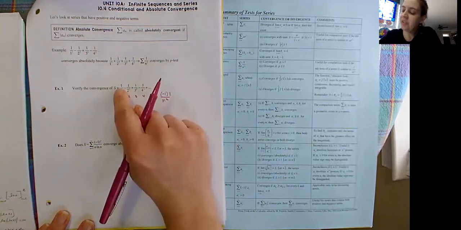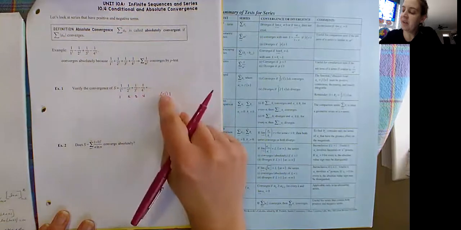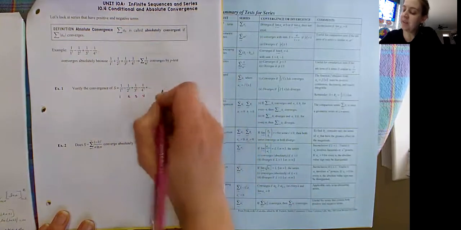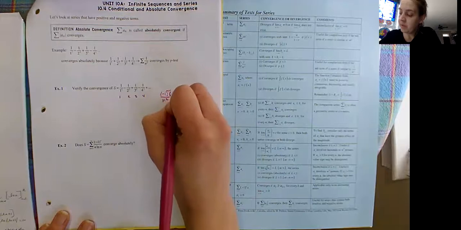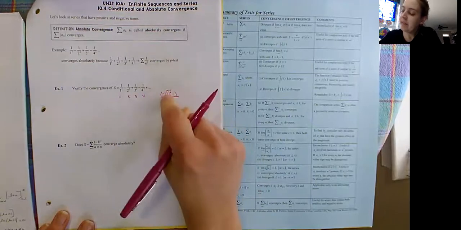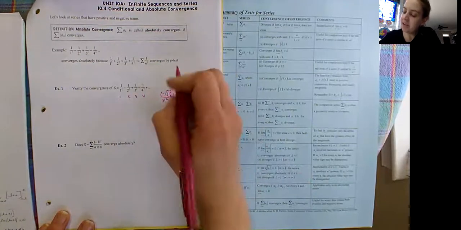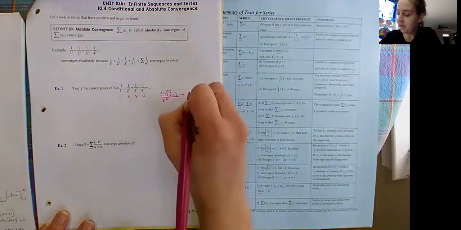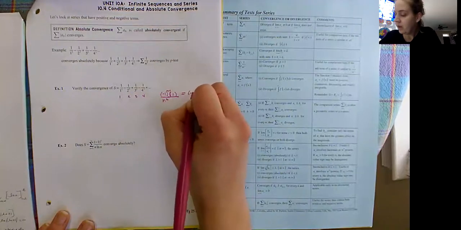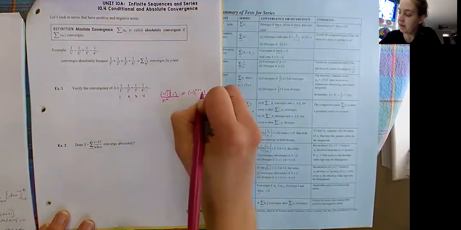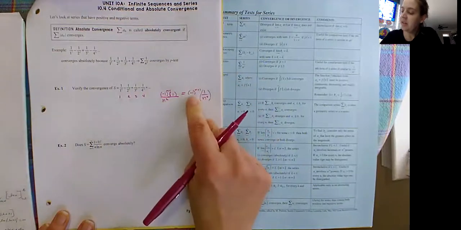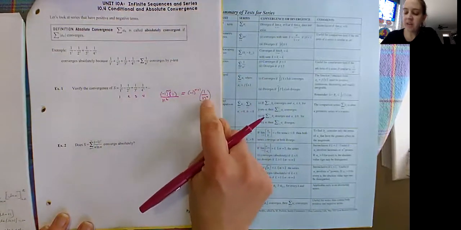Well, the first term is positive, so it's not (-1)^n. It's (-1)^(n+1), or n minus 1. I'm going to scooch this one over a little bit. This piece right here makes it alternating. I'm going to write this out a little bit differently. (-1)^(n+1) over n squared. That's easier to see. So this is the alternating piece, and this is the actual series.